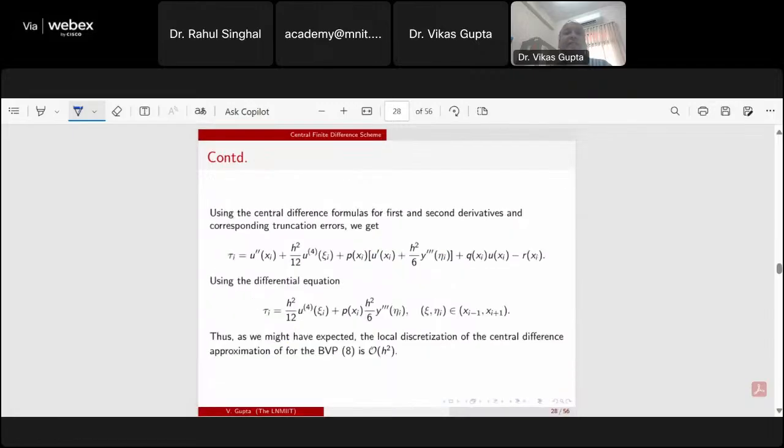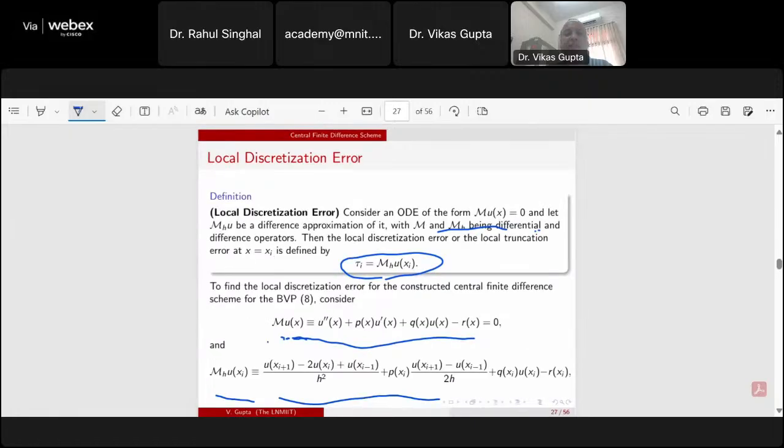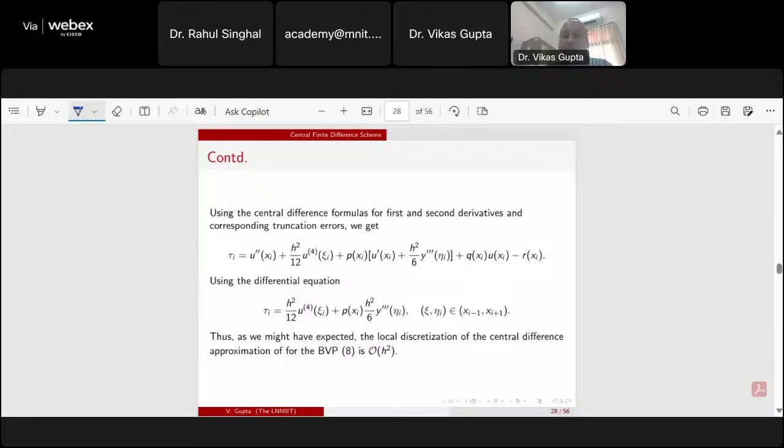Now, using the central difference formula for the first and second derivative and the corresponding truncation error term which I discussed, and with the definition, the truncation error term will be equal to: [u(x_{i+1}) - 2u(x_i) + u(x_{i-1})]/h² = u''(x_i) + (h²/12) u⁗(ξ_i).